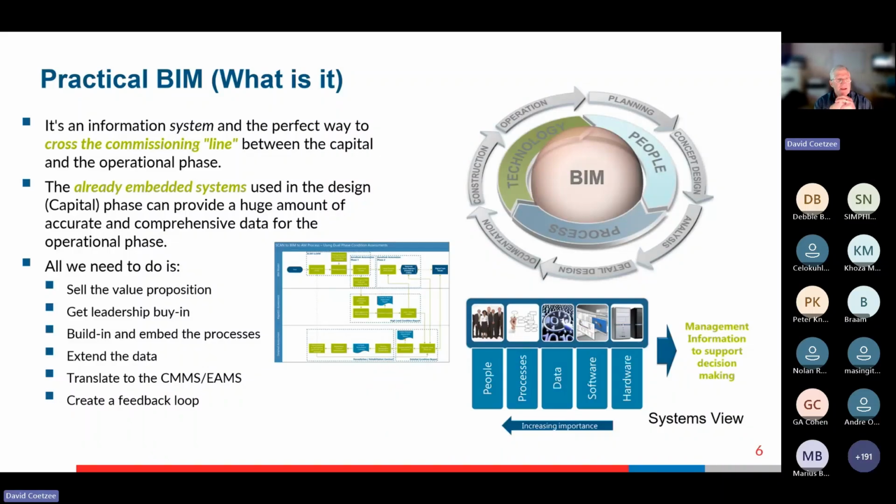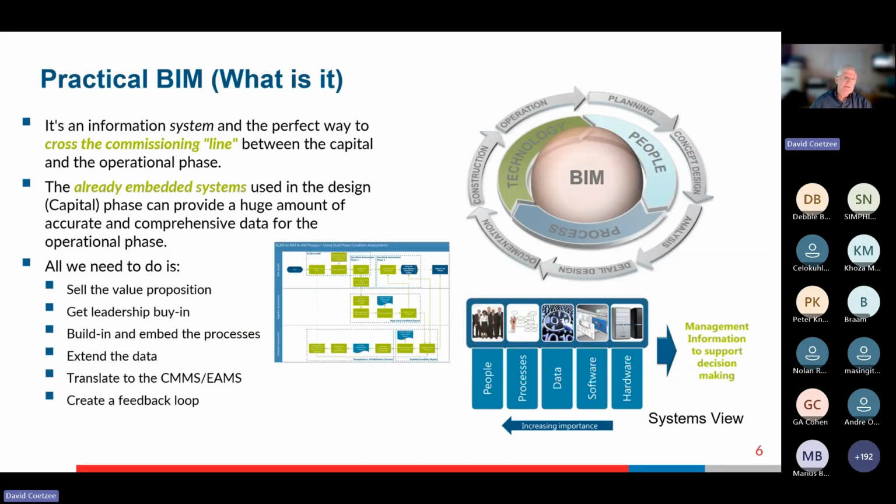Okay, then going back to practical BIM, was it? Because we've always got to keep it practical. So this is now, once again, just to emphasize what I said earlier, I'm talking with my asset management hat. And practical BIM is an information system and the perfect way to cross the commissioning line between the capital and the operating phases.